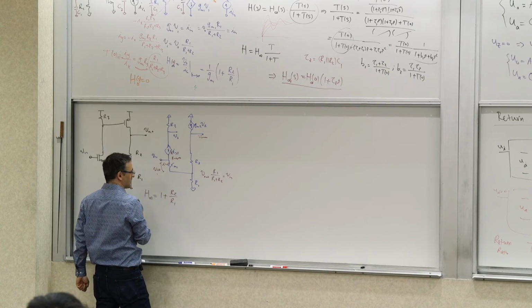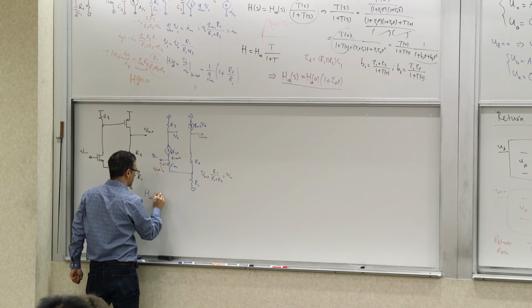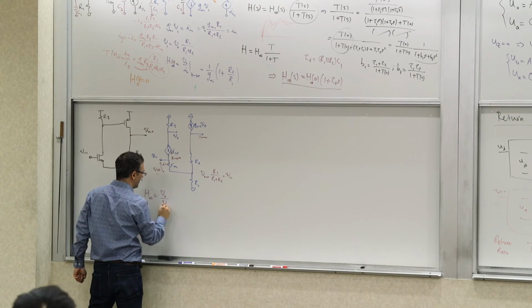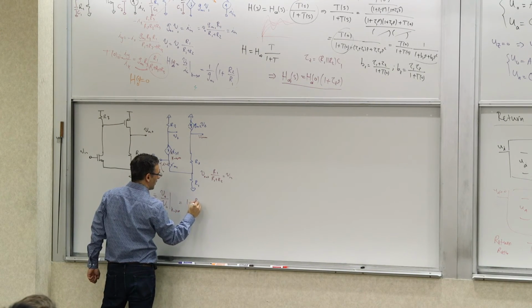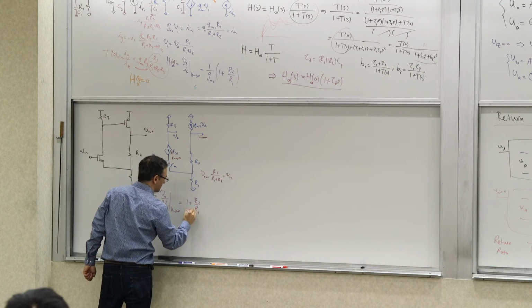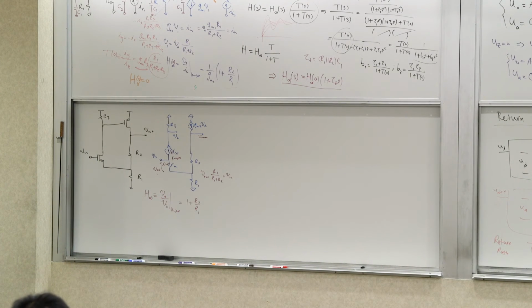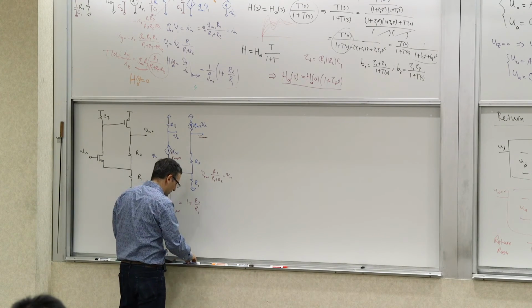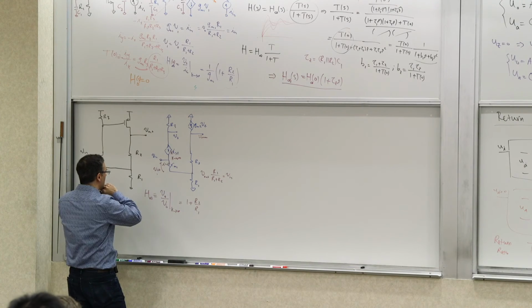If you invert that, this is what you get. Expressed more explicitly, V out over V in when k is infinity is 1 plus R2 over R1. This is the calculation we did before. That was the asymptotic transfer function.